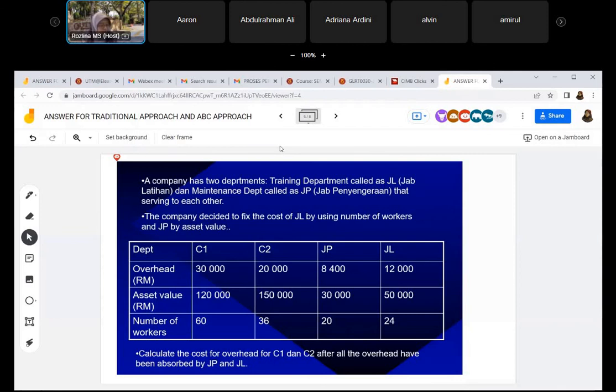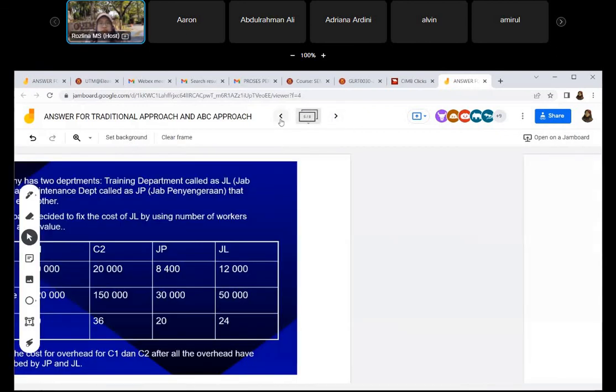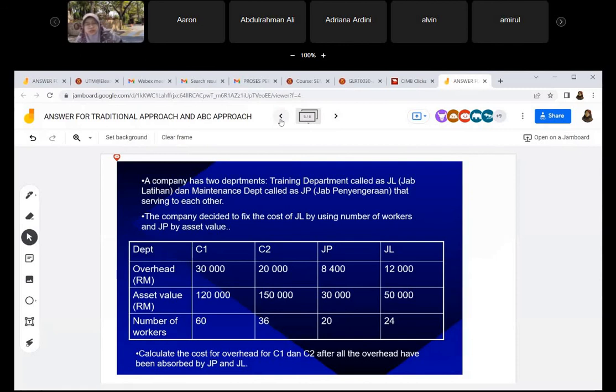Okay, read dia punya arrow, the value. Then you can finish it. What is JP to JL? Arrow dia? Percentage. Do you get 15.63? Ya tak? Okay, good.